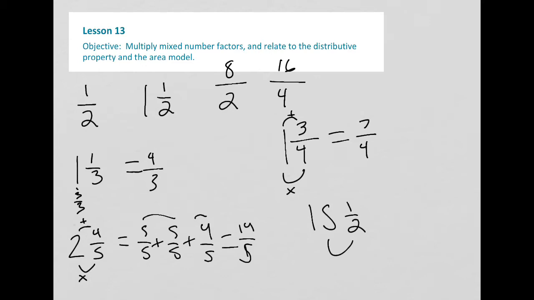And this is a good strategy to know so I don't have to do 15 copies of 2 over 2. I can do 2 times 15 is 30, plus 1 is 31 halves.